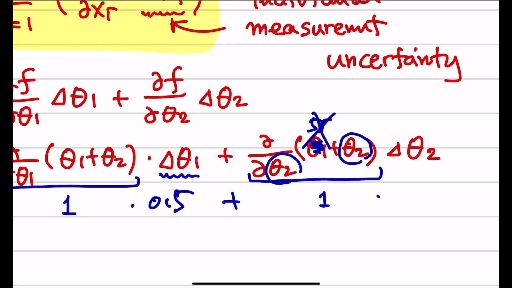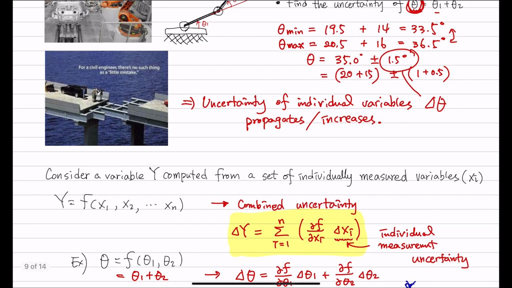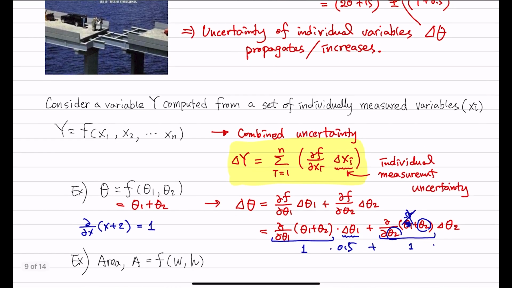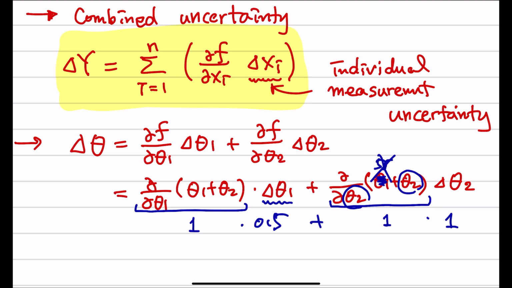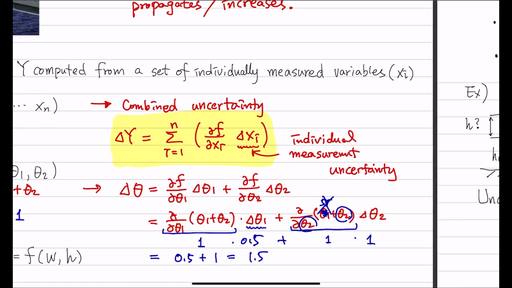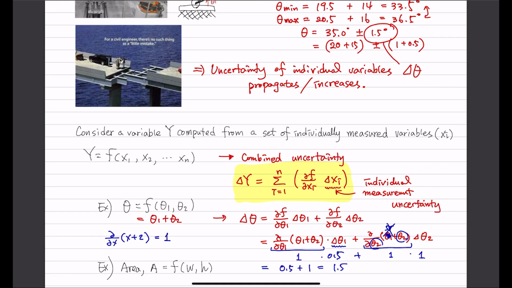And we're multiplying that delta theta 2, which was this value. So 1. Therefore, it gives us 0.5 plus 1, so it is 1.5. Okay? We just got that value up here, 1.5, which was 1 plus 0.5, and that guy was obtained following this equation.